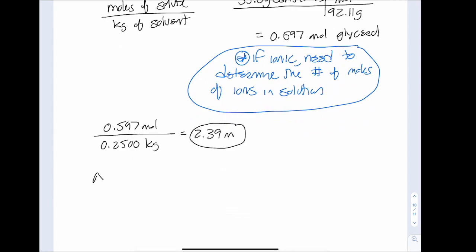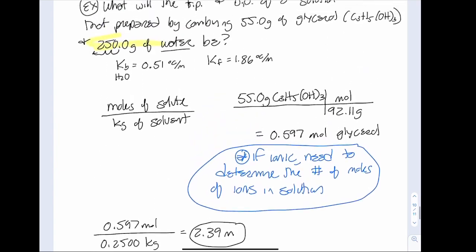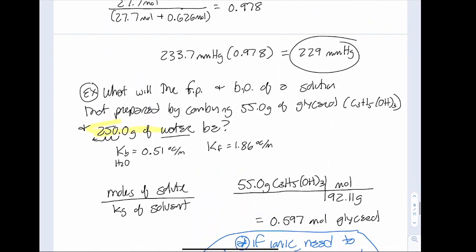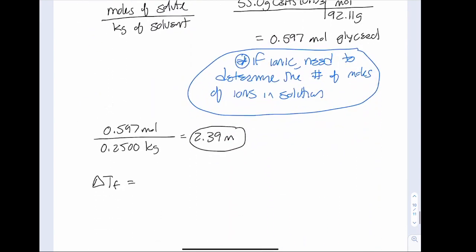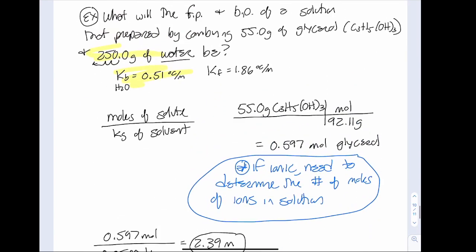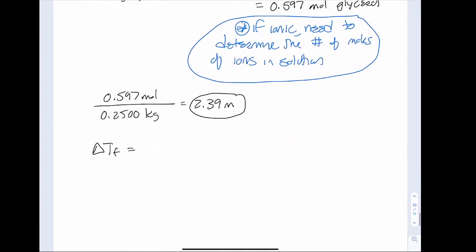So my change in temperature for when it freezes is going to be that constant. So we have to scroll back up here to get it. Sorry, I did freezing first because it doesn't really matter which one you do first, but I have freezing, so 1.86 degrees Celsius per molal, multiply that by 2.39 molal. So I'm typing it into my calculator, trying to.